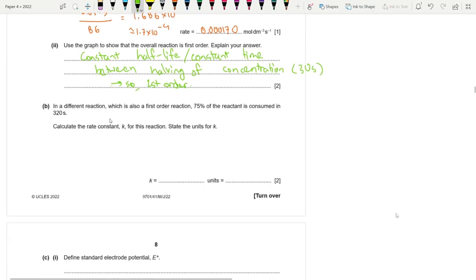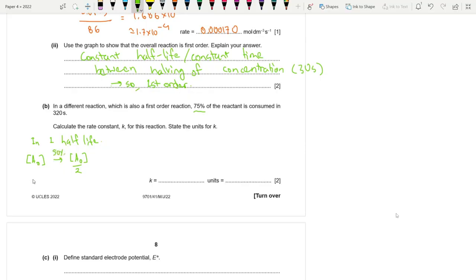In a different reaction, which is also first order, 75% of the reactant is consumed in 320 seconds. Calculate the rate constant K for this reaction. Interesting question, so think about it. In one half-life, if you had an initial concentration of A naught, it would turn into A naught by 2, so that's 50% gone.